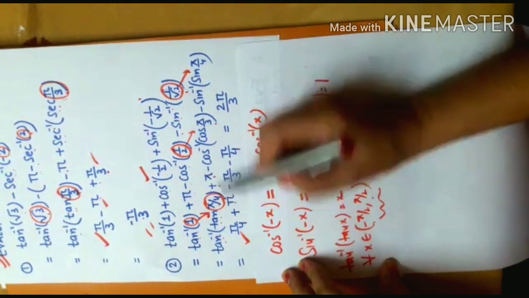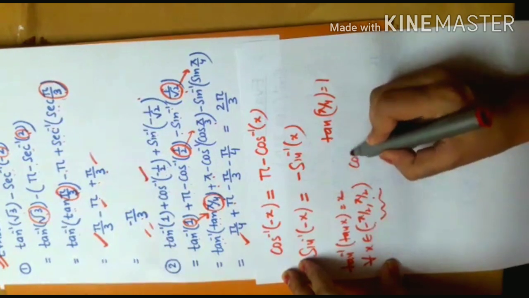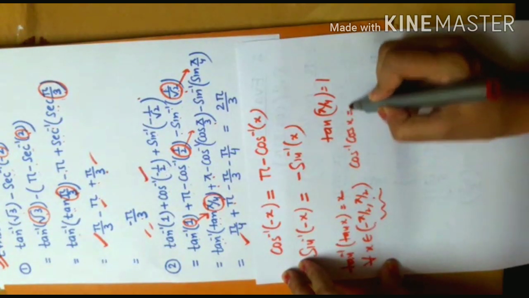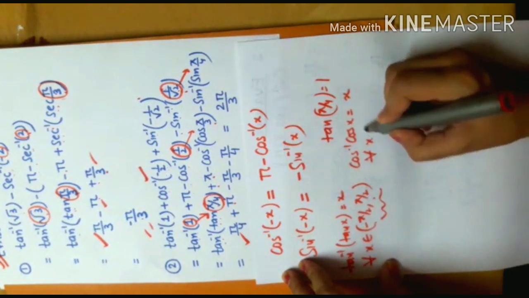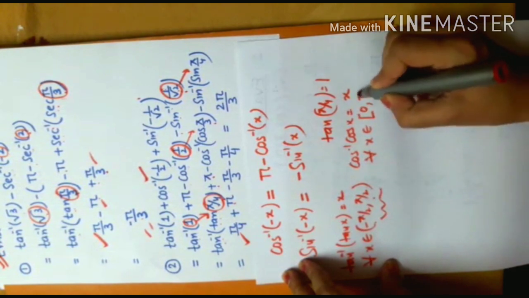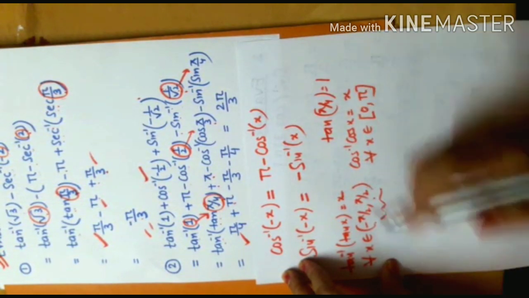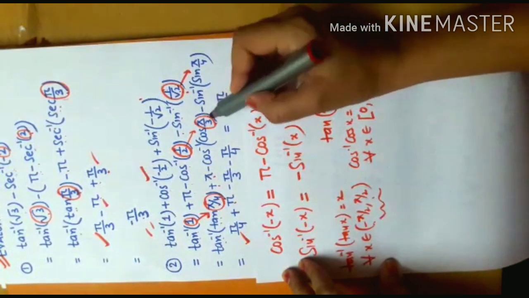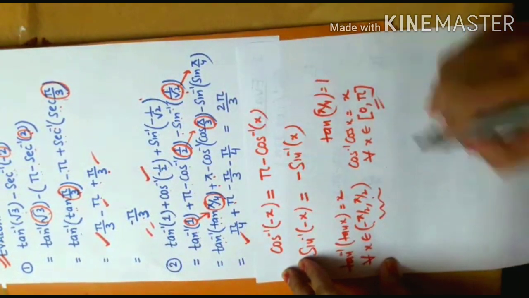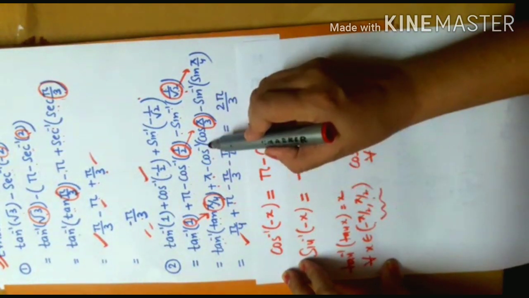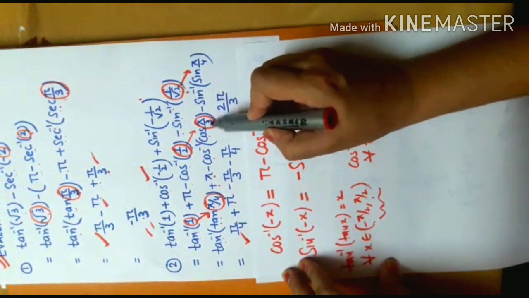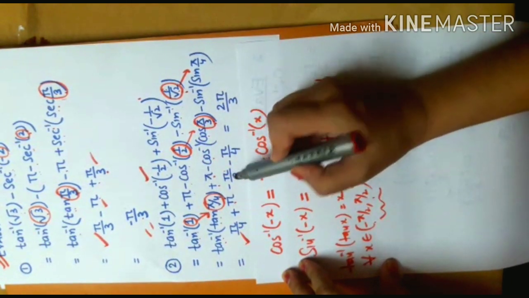This pi as it is, and cos inverse cos x is equal to x for all x which belong to the closed interval 0 to pi. And you can see this x lies in this closed interval. So cos inverse cos x will be equal to x, that is pi by 3.